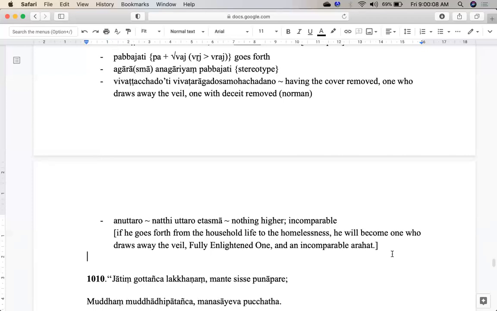So two ways of life. For the one who is endowed with the thirty-two major marks of a great man, he will be a universal monarch in the household life. But if he goes forth, he will be the Buddha.